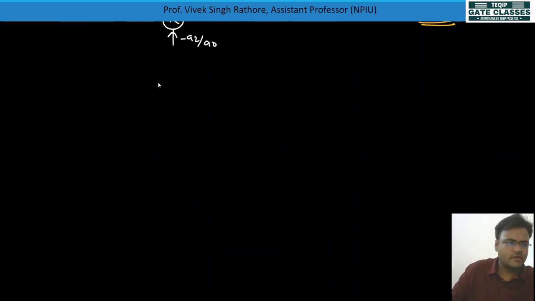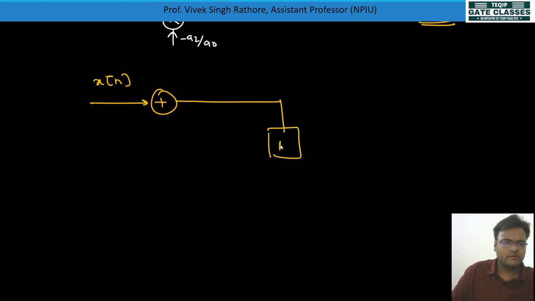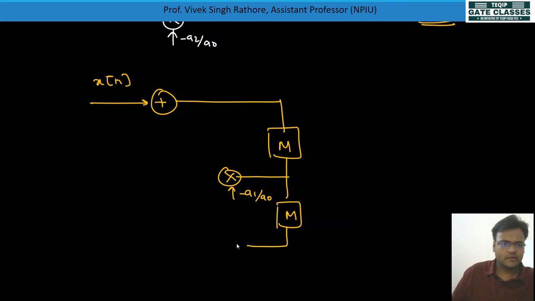So I will make here x of n, one summation sign will be there, okay. It will go on and have one delay factor, and one more delay factor is there. Then it will have some multiplication factors, that is minus a1 by a naught, and here minus a2 by a naught will be there.